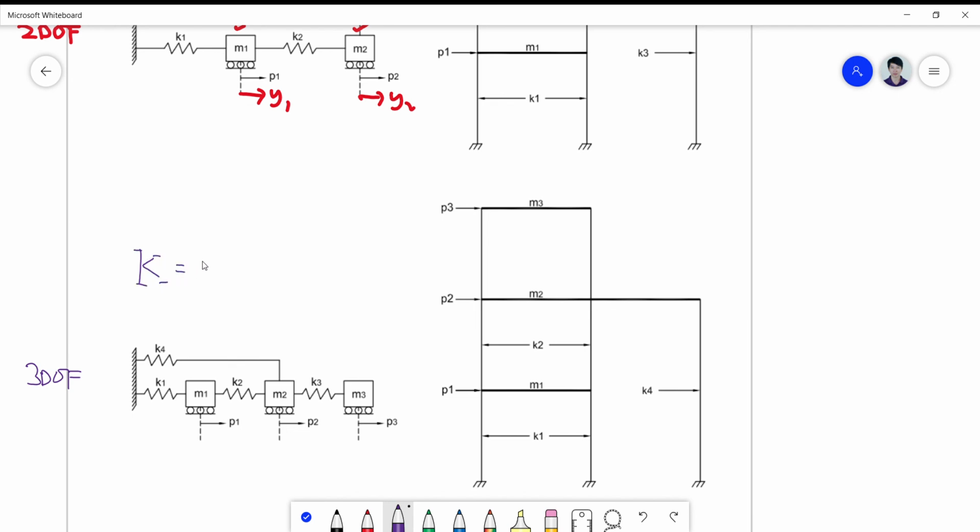By the way, this may be interpreted in a manner shown in the shear building model. Okay, you have a K4 attached to M2. Okay, with a certain stiffness, and this is K1, K2. I forgot to place K3 here. Okay, so this K3.